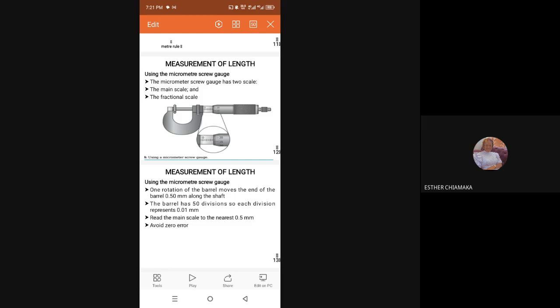If it is in cm and you are using micrometer screw gauge, how many decimal places will your reading have? Okay, 2. In mm, how many decimal places? One.